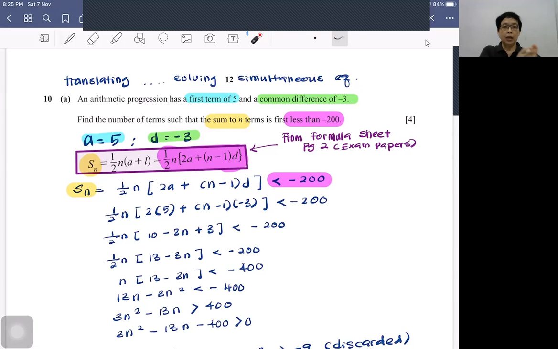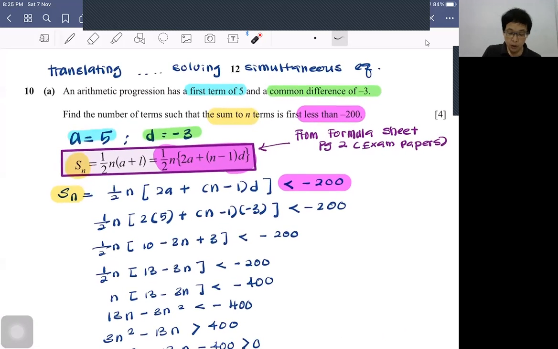That means, in this series, you notice that the difference is negative. It also tells you that this series is going to be a descending progression. In other words, it starts with 5, as given here, and then it will deduct 3 each time it goes to the next term. So from 5, it will minus 3 to 2, then from 2 minus 3 to negative 1, then minus 3 going to negative 4.